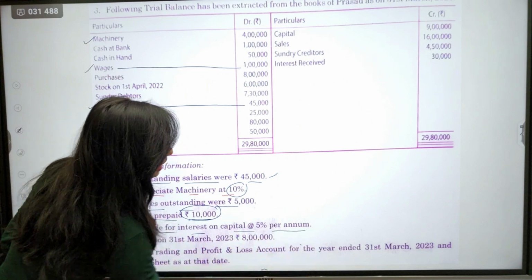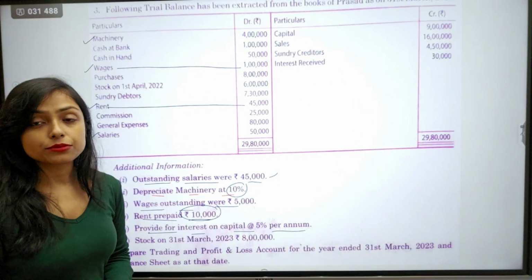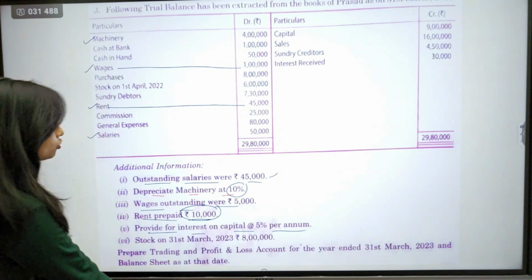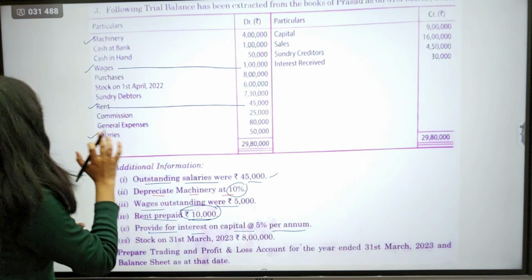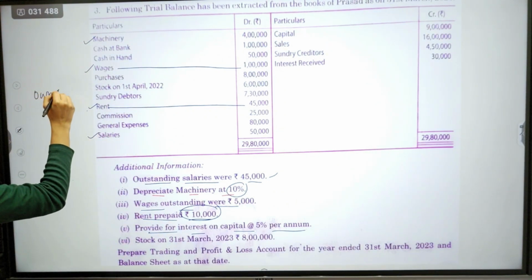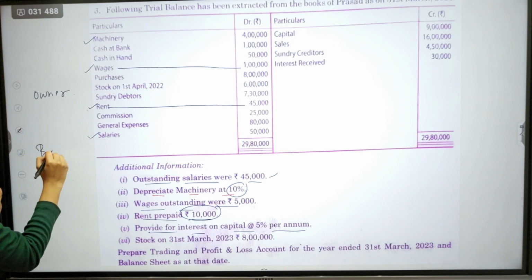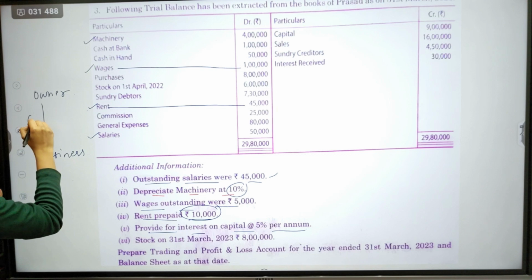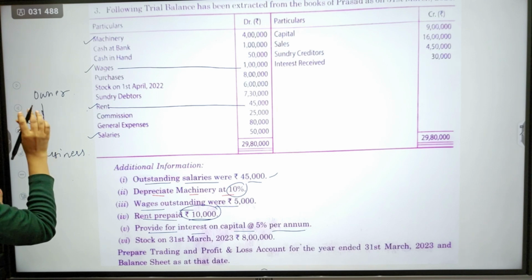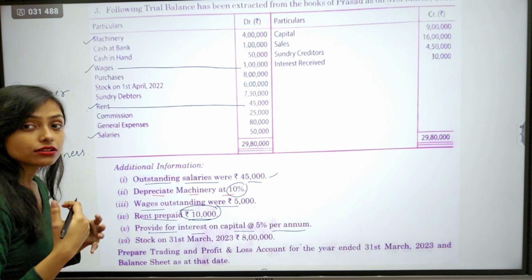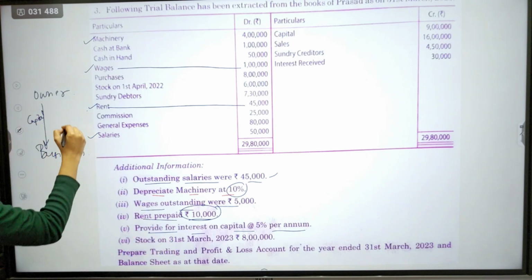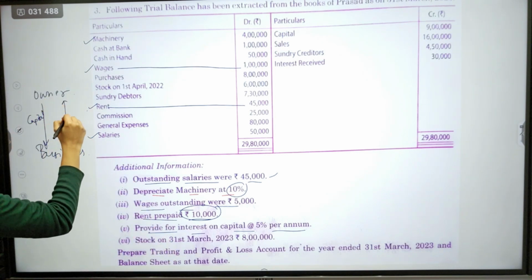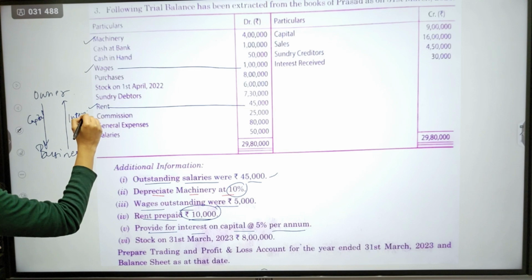Provide for interest on capital at the rate of 5% per annum. New point again. So what happens is that there is this owner and then there is the business. The owner is giving capital to the business. This capital is helping the business run. Then the business should pay some interest to the owner.